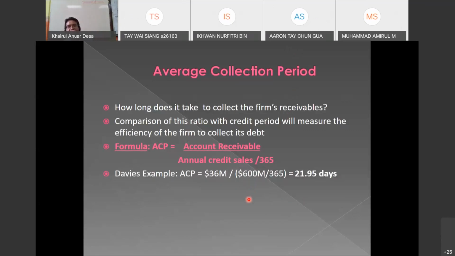Ikhwan. Ya, saya. Macam mana account receivable boleh wujud dalam syarikat kita? How does account receivable exist in our company? Macam mana, sir? Macam mana account receivable boleh wujud di dalam syarikat kita?